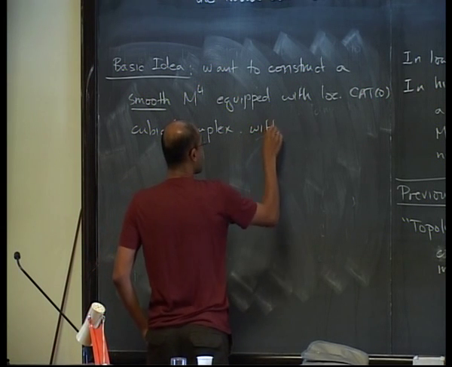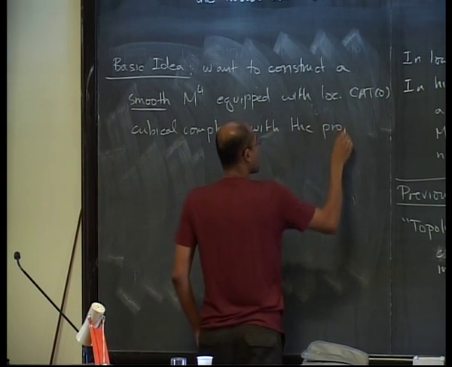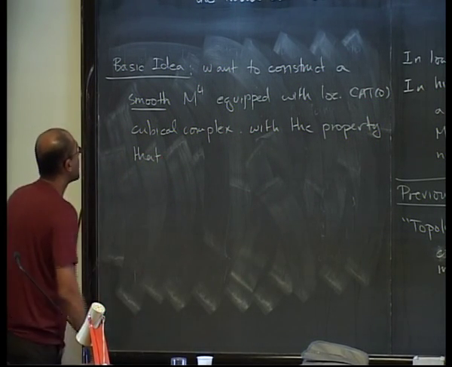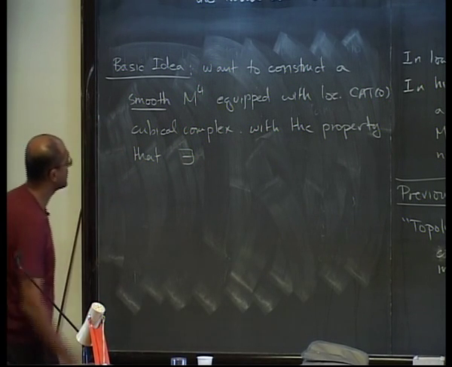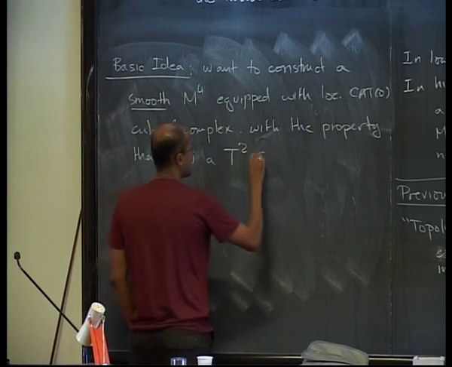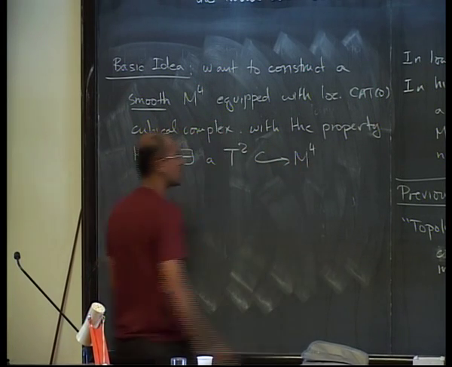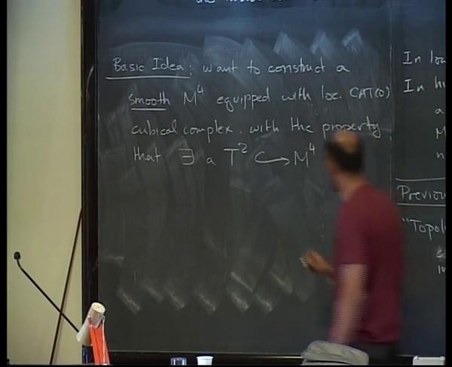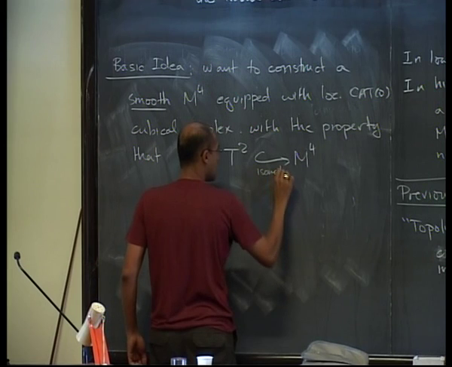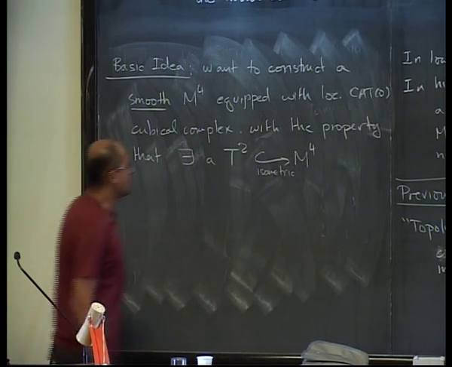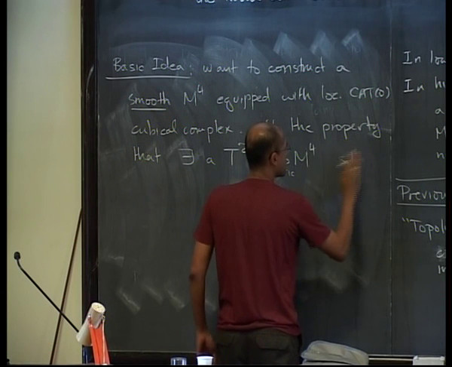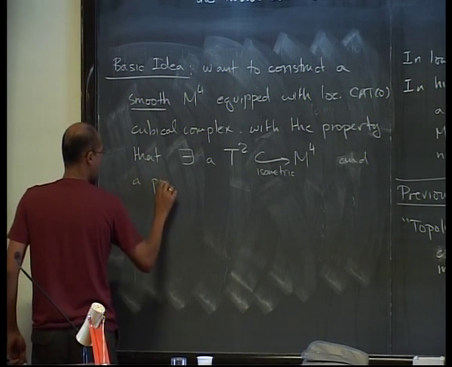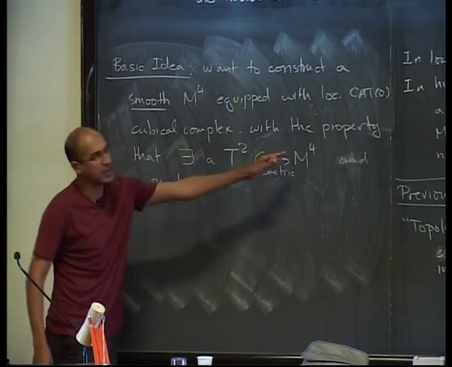With the property that there exists a 2-torus, a flat 2-torus, so the embedding here is isometric. I'll identify the T2 with its image.